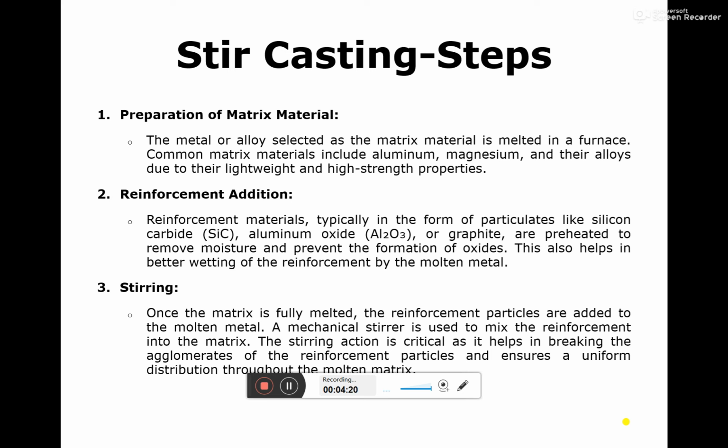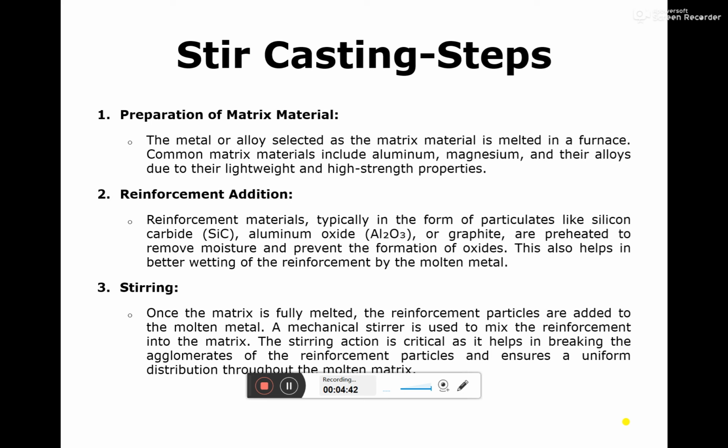Due to this, it will improve the wettability of the reinforcement when you add it to the molten material. That's why we preheat the reinforcement.